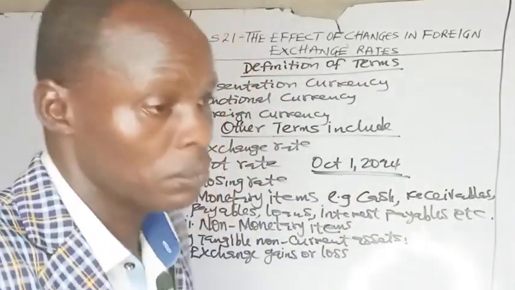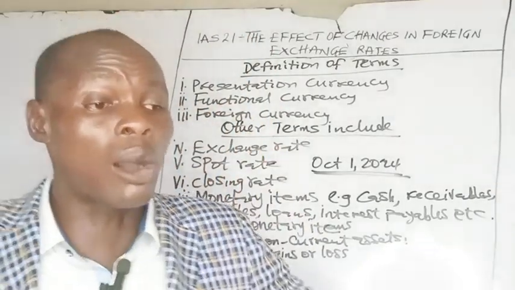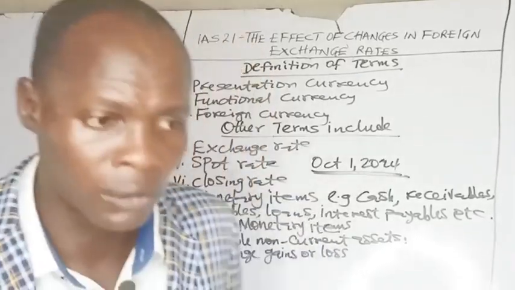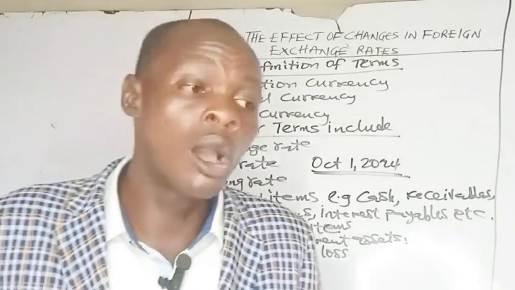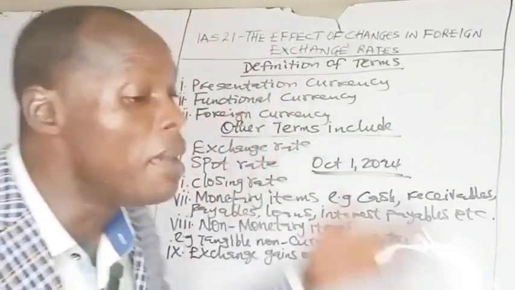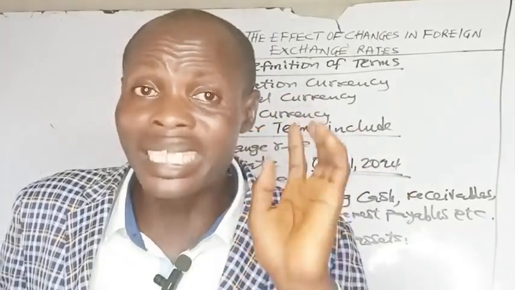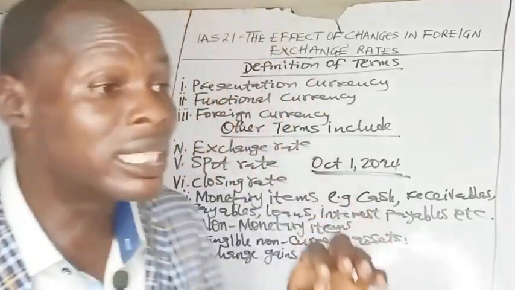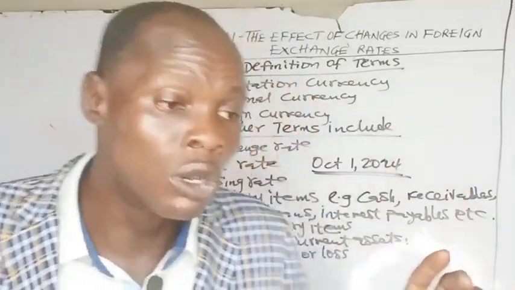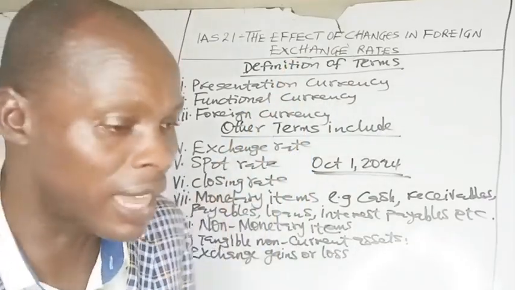I want you to know that the exchange gains or loss is usually recognized in the statement of profit or loss unless it is a movement in fair value, which will be recognized in equity. Please take note of that.